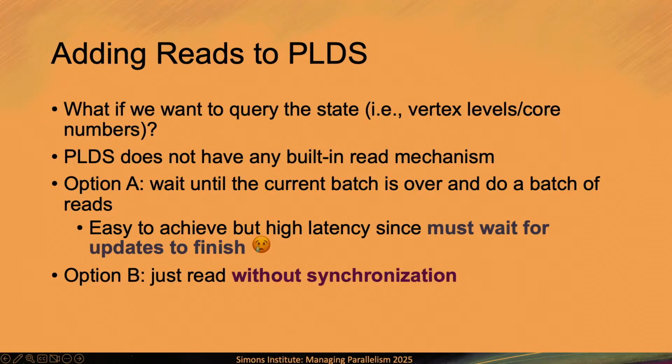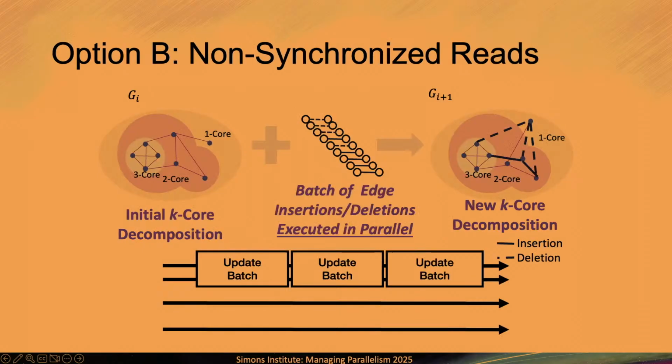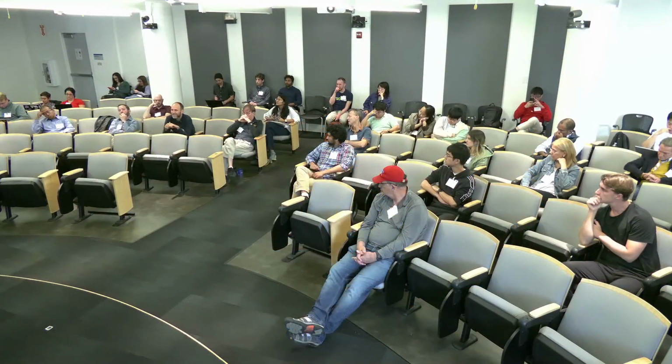Okay, option B, you just read without synchronization. And as I mentioned, this is not linearizable as when you're assuming the updates are atomic. Yes, Cuba. So maybe I misunderstand, but if an update changes the core number of a vertex from A to B, I think there is a subset of this update that actually changes it to any intermediate value.